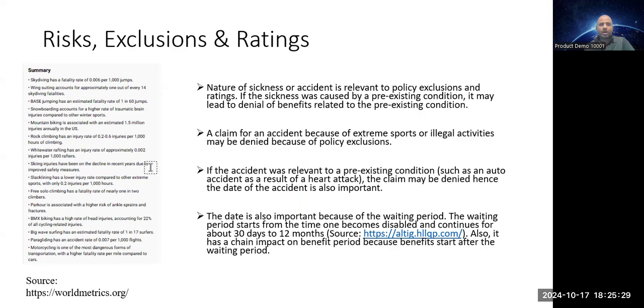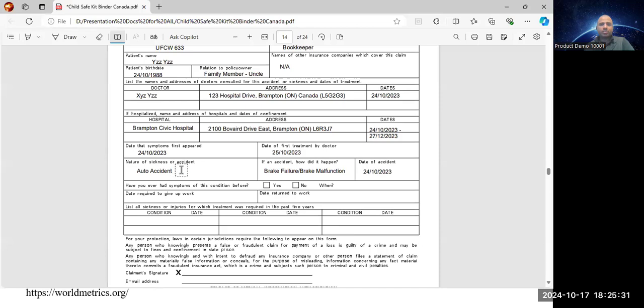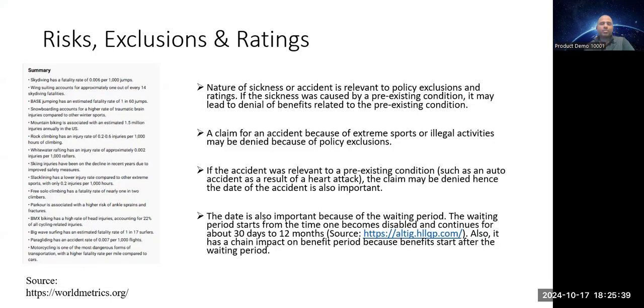One of the reasons why they might ask you about the nature of sickness or accident, or how this accident happened, is to figure out whether this accident was because of a policy rating or an exclusion. Certain policies do have exclusions, such as exclusions for extreme sports, especially disability policies.